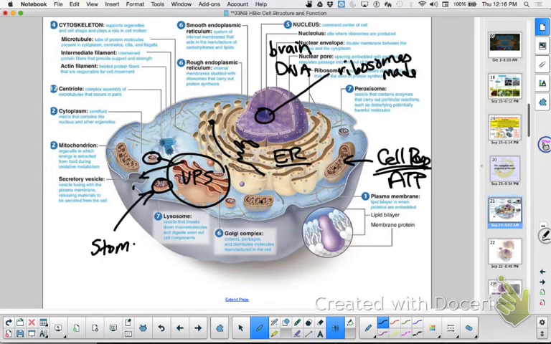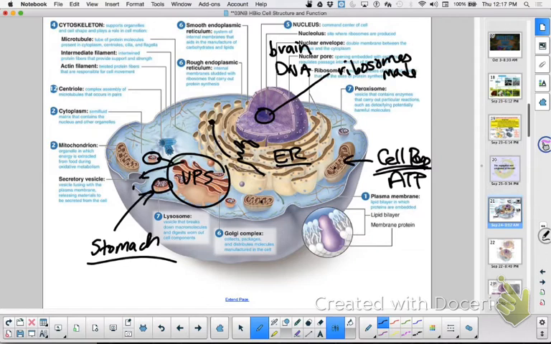Now, that can do actually multiple things, right? Remember the three different things we said it could do? The stomach of the cell would be where it digests, it hooks up with some endocytotic vesicle and you digest whatever is inside. But there were two other functions we said a lysosome could do. Do you remember?